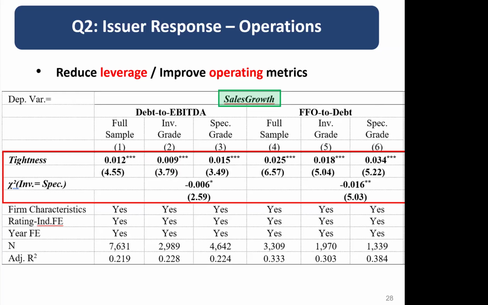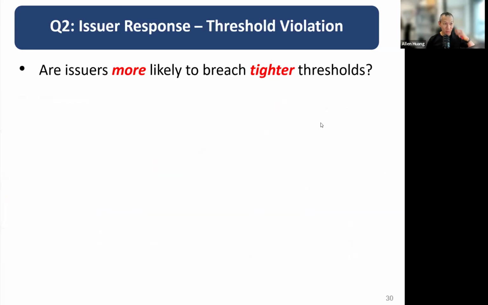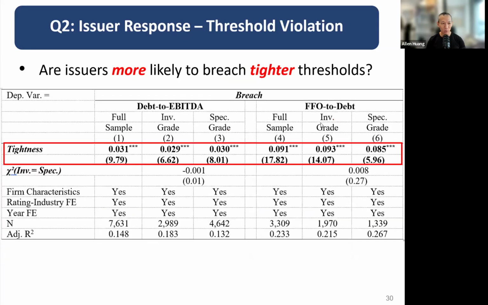Okay, all right, no problem. The next question we look at is, knowing that they do take actions to avoid breaching a ratio, are they still more likely to breach when they face tighter thresholds? We find the answer is yes.